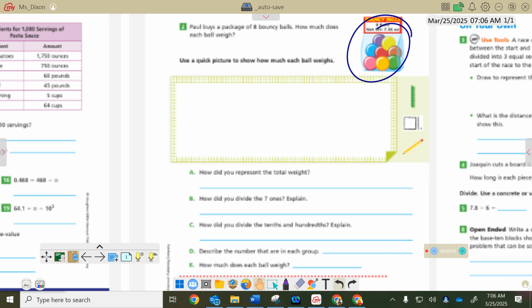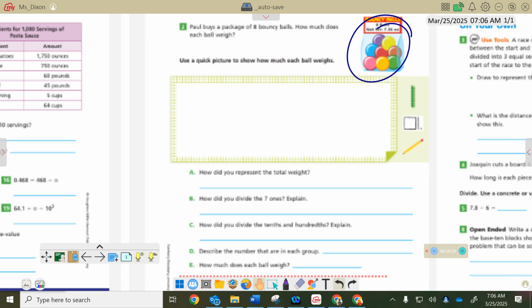So if our whole number is 7, and we have a total of 8 bouncy balls, no ball is going to weigh at least a whole pound, because we would have to have at least 8 pounds in our bag for the bouncy balls to weigh at least a whole pound.